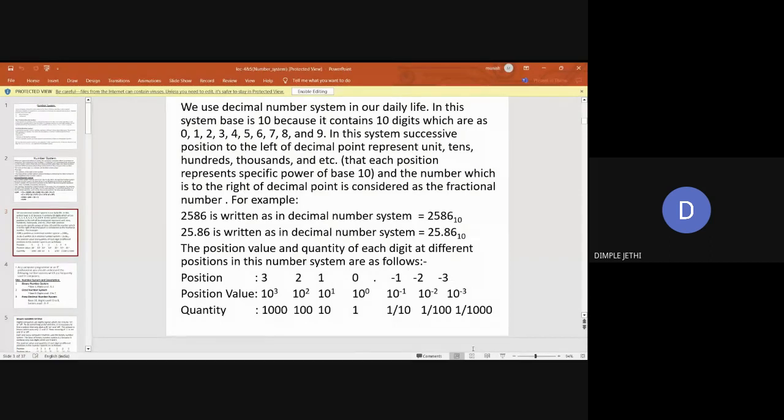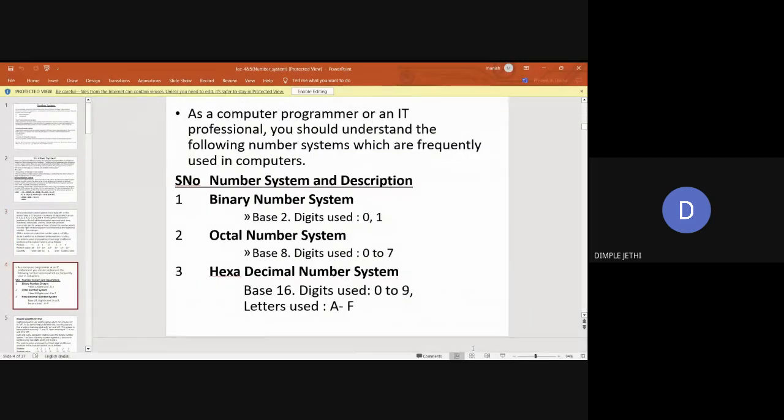Now I just mentioned the number system that we use in our daily life, the decimal number system. We use 10 digits and the base is 10. Now there are other number systems that we have to study.